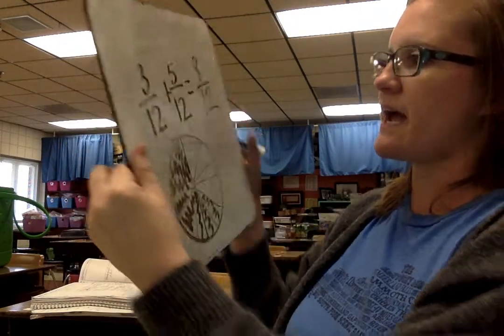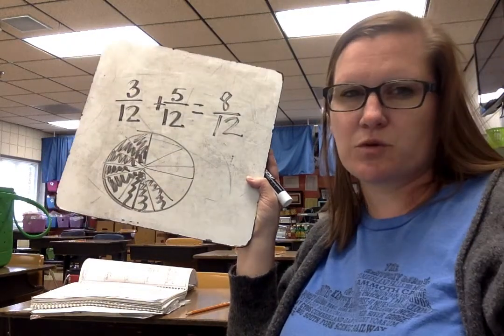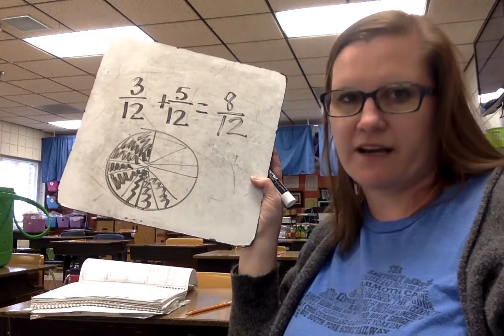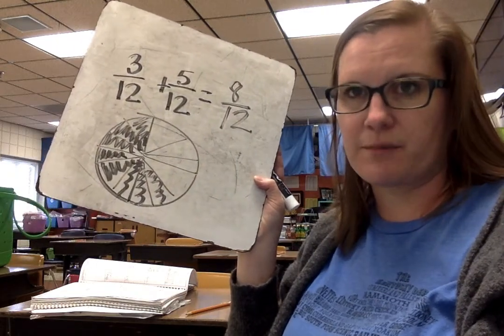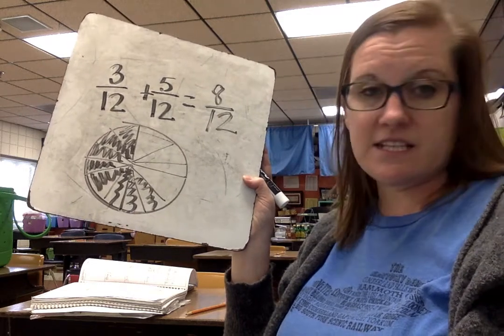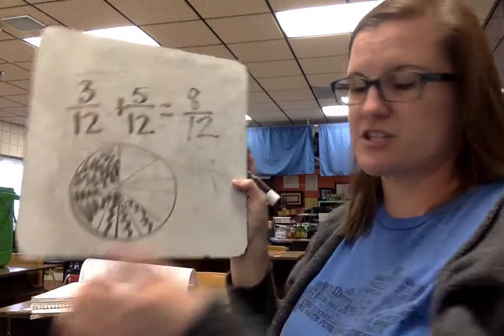Now, once again, 8/12 can be simplified. And I believe for the virtual learners, I told you which ones to simplify because that is kind of tricky. 8/12 can be simplified, so we are going to have to simplify it. I know 8 is not half of 12. 8 cannot divide into 12, so I'm going to have to do the GCF.